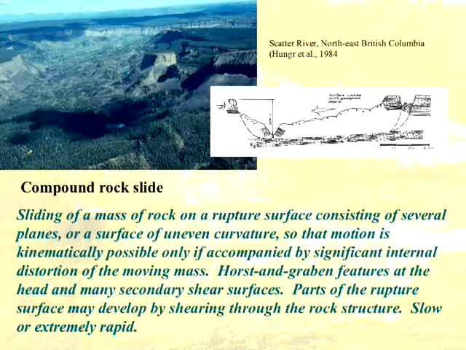So as a result, the sliding body is completely fragmented and broken all the way down to the top. So that's a compound rock slide, sliding the mass of rock on a rupture surface consisting of several planes or a surface of uneven curvature. So that motion is possible only if accompanied by significant internal distortion.